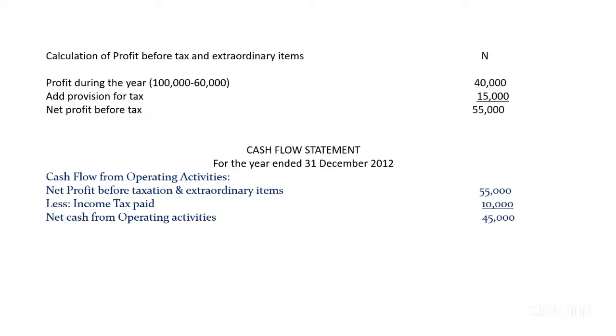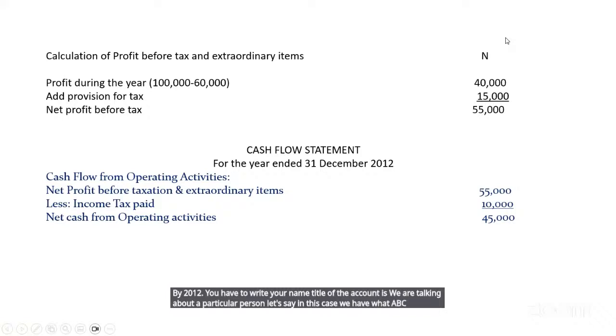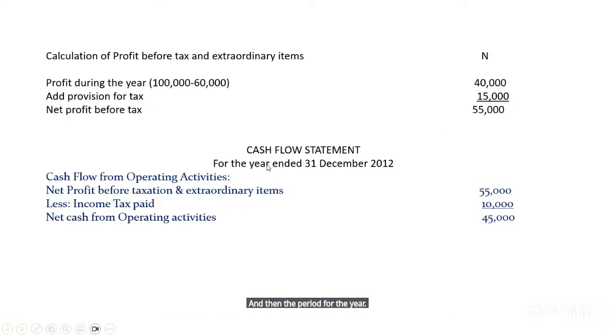Now, to prepare our cash flow statement for 2012, remember, you have to write the name. For instance, if we are talking about a particular company, in this question we have ABC Limited. We should have written ABC Limited here, then the title of the account, cash flow statement, and then the period, for the year 2012.